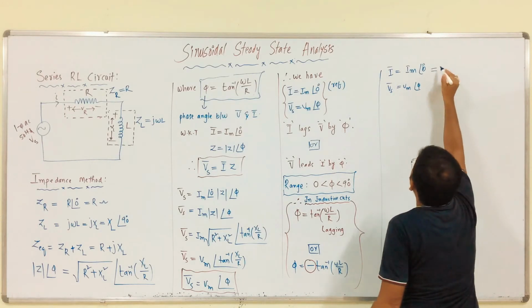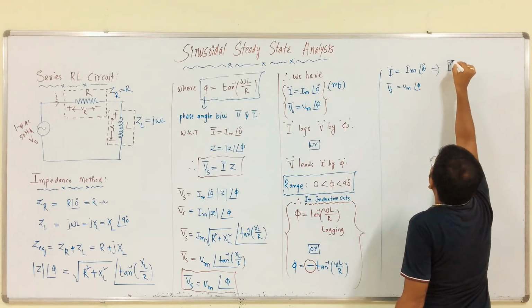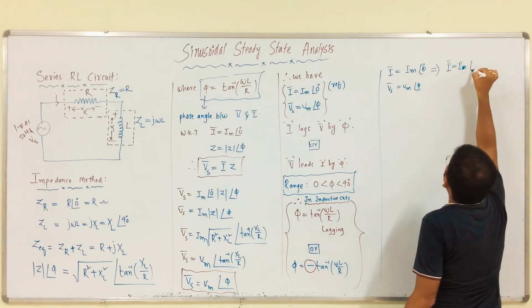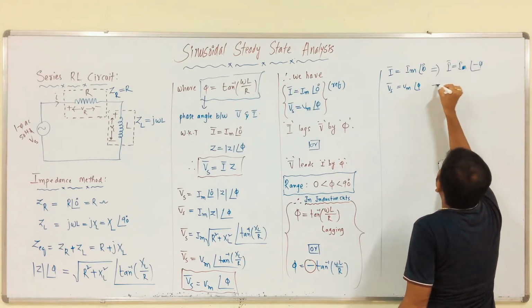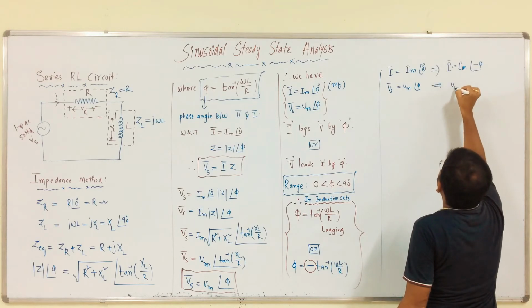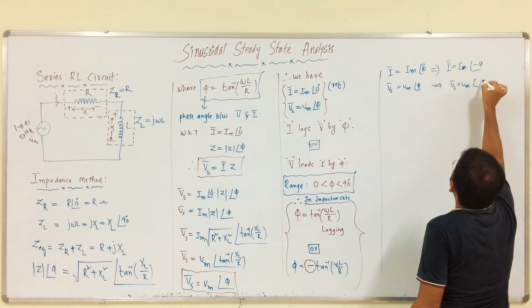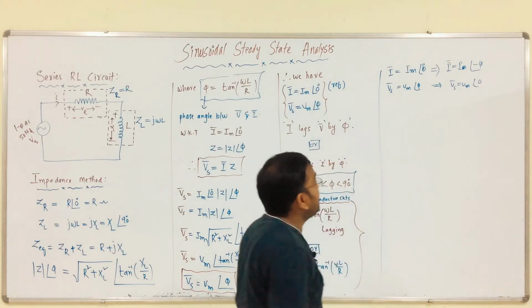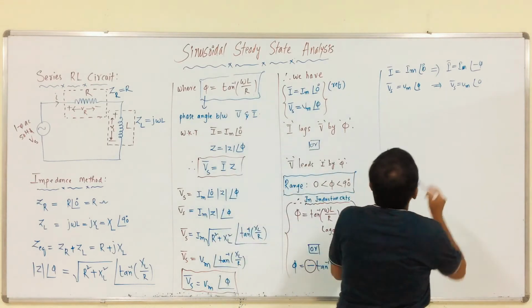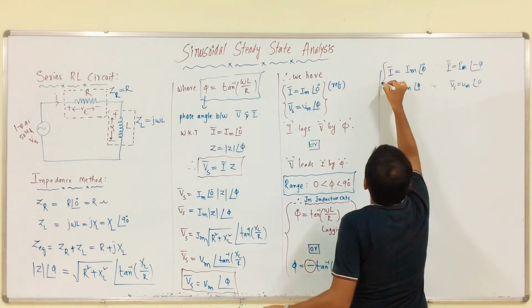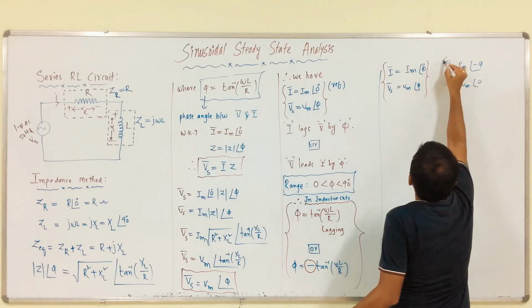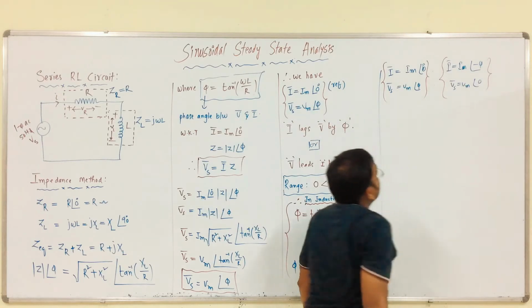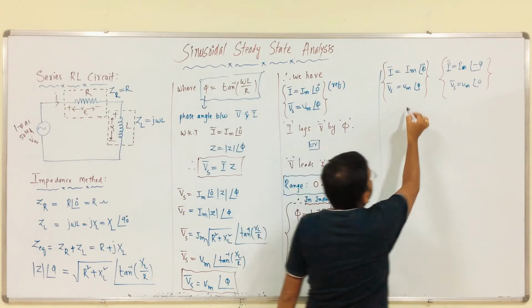Can we write I equals I m at an angle minus phi, and V s equals V m at an angle 0? Is there any difference between these two statements? This is the given, this is the modified. Is there any change?